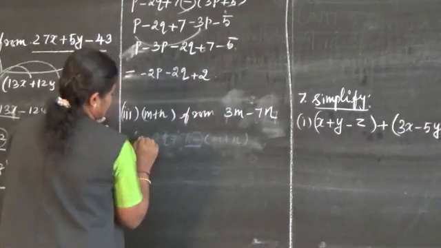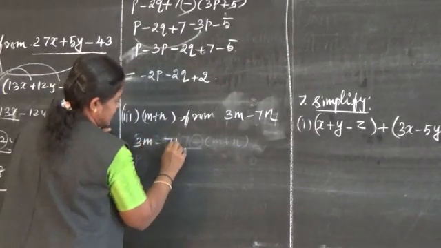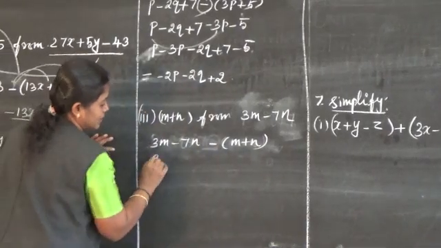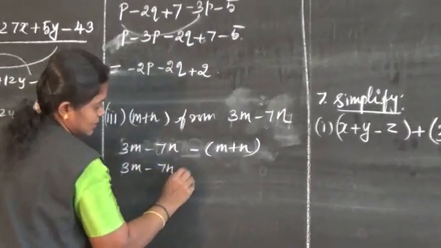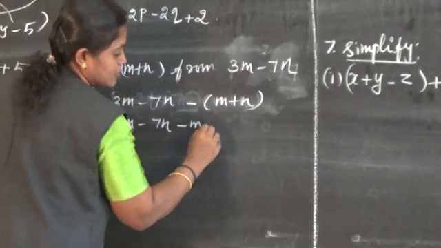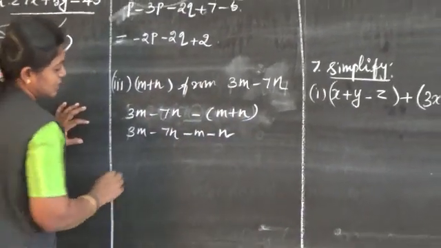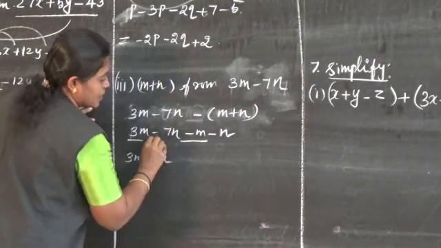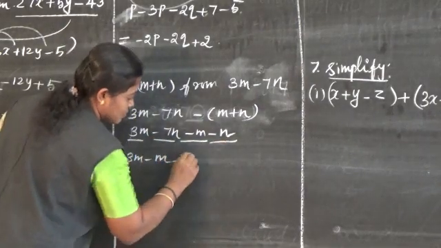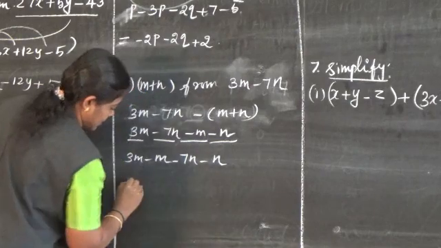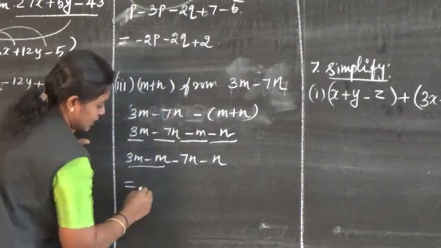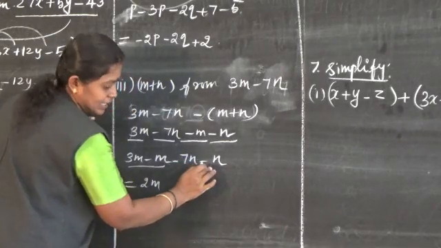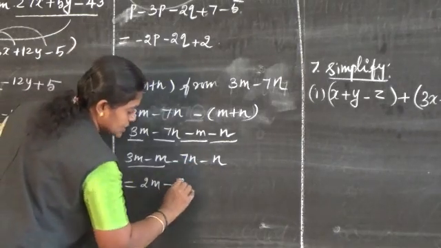Now 3m minus 7n minus of m plus n. If you remove the minus sign, 3m minus 7n minus m, minus into plus minus n. Grouping the terms, 3m minus m. Now grouping the n terms, minus 7n minus n. Now 3m minus m is 2m, and minus 7n minus n, both are negative signs so you can add, minus 8n.